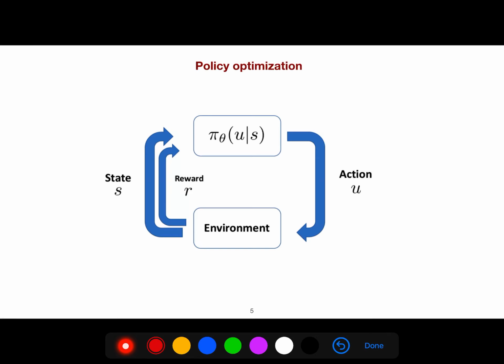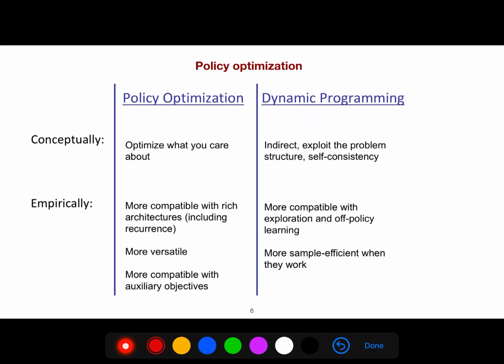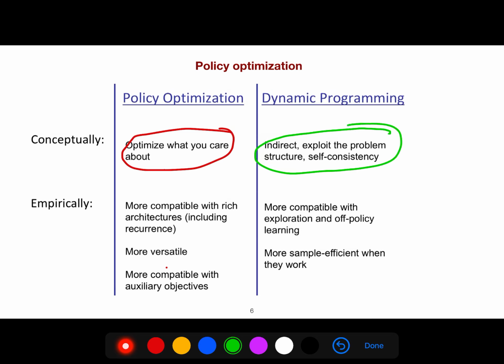In policy optimization, we are very pragmatic, because you just want to pick your policy. This is the straight approach to this problem. Conceptually, in policy optimization we optimize what we care about. But dynamic programming is just indirectly approaching the problem.